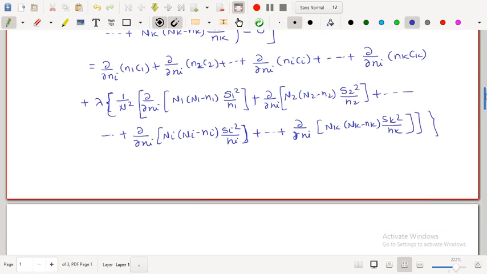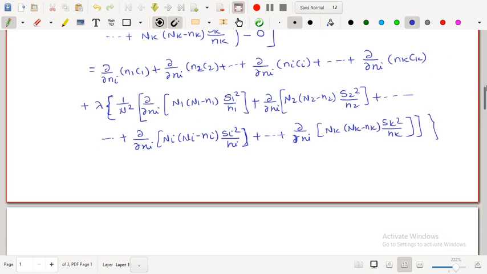Now in the next step, ∂/∂ni of n1c1 will be 0 because there is no ni, so this is constant with respect to this derivative.